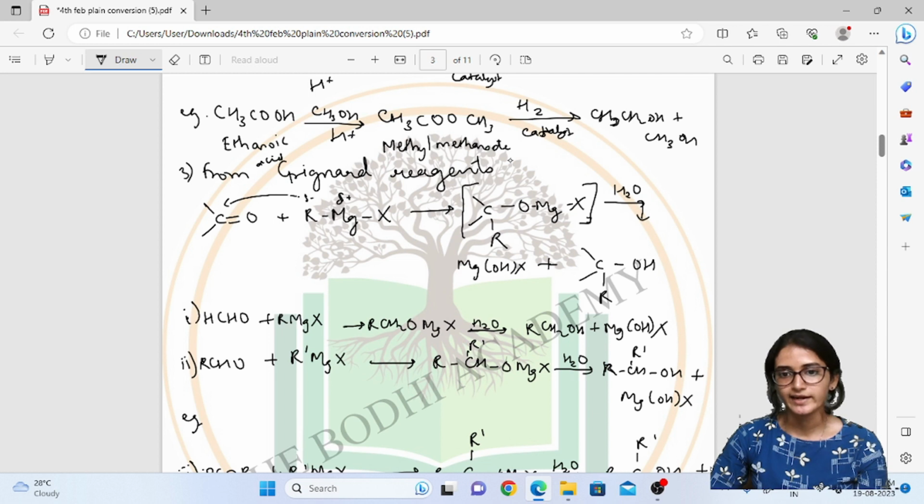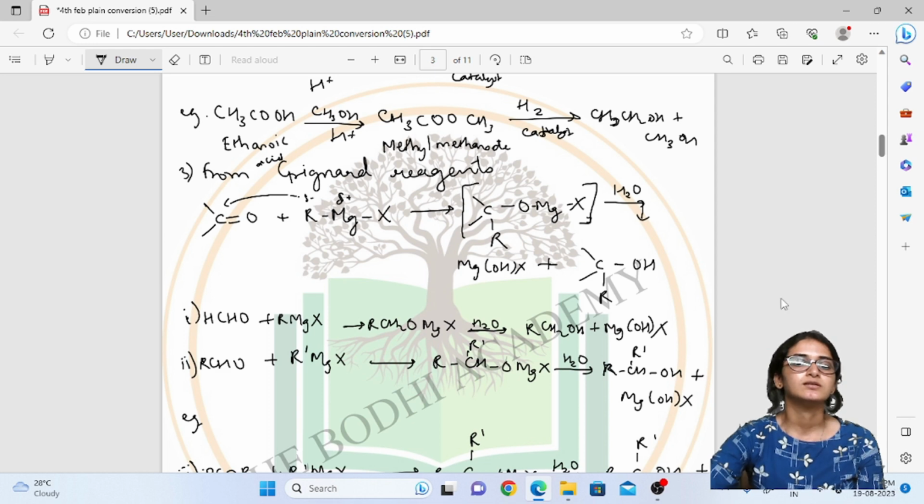So what you have to do is add a water molecule to form the stable product. This group will be the same, and in place of MgX we will get an H attached, that is an OH group will be attached, and this is the formation of alcohol.